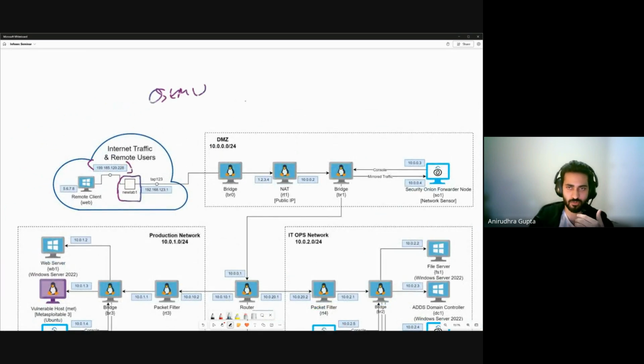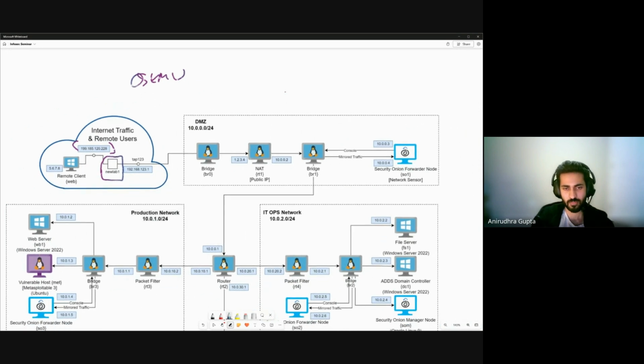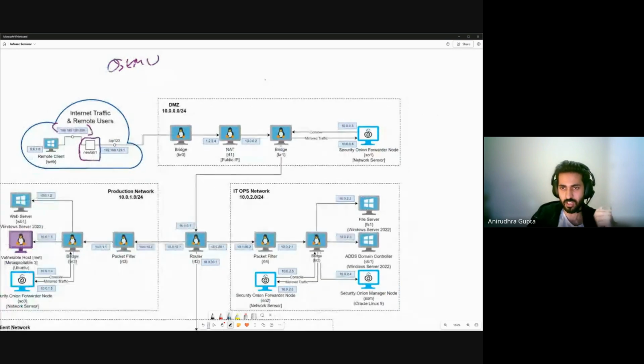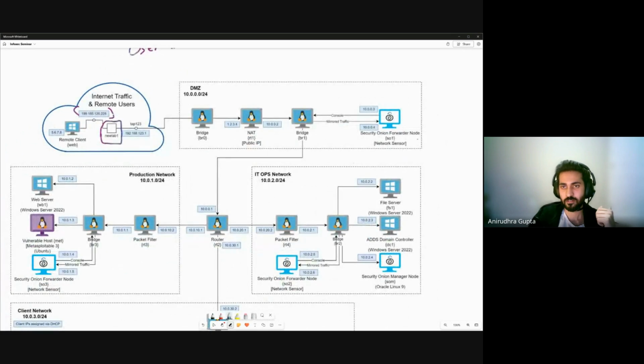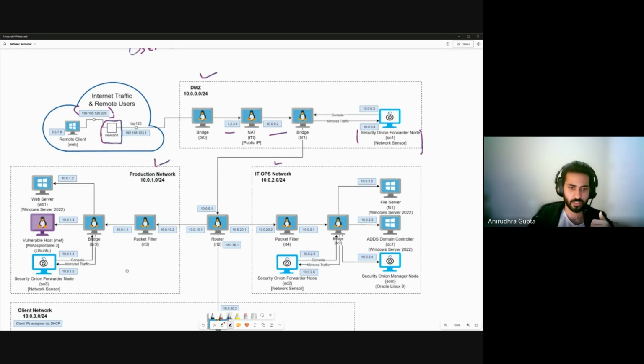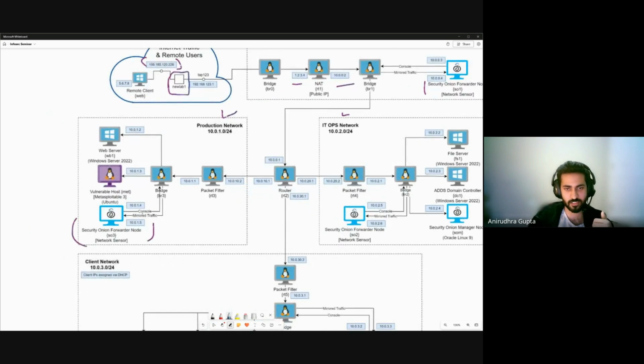That's a Linux open source virtualized environment, and on top of it, it's wrapped with VNet control, developed by Professor Dale. So we have the DMZ environment where we have the NATing going on, a public IP, then a private IP. Then on every one of these networks, either DMZ, production, or IT ops, you will see these Security Onion sensors, right? What it does is take the mirror traffic.